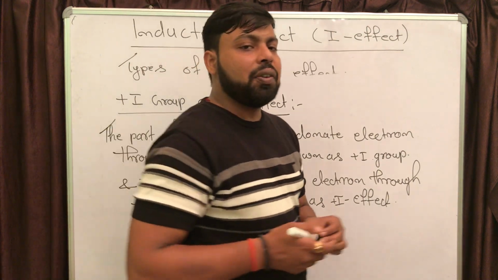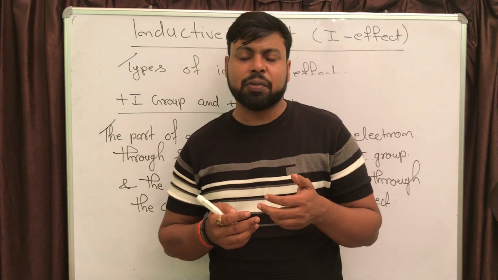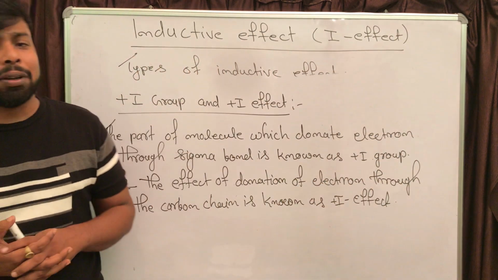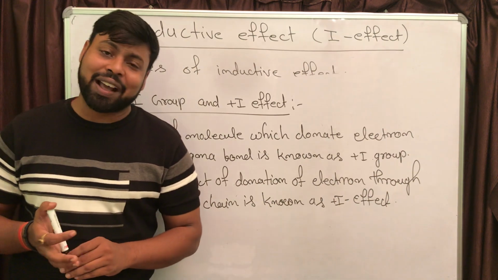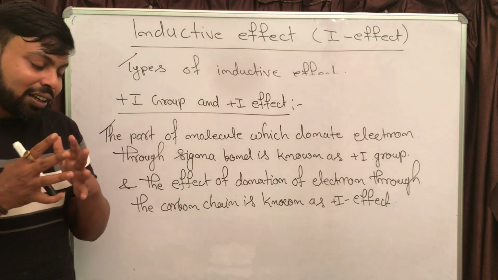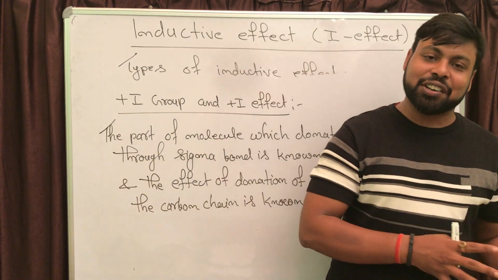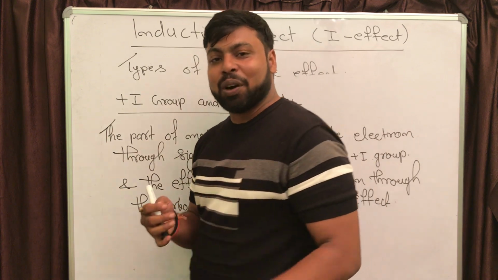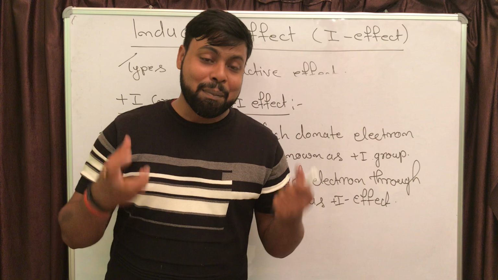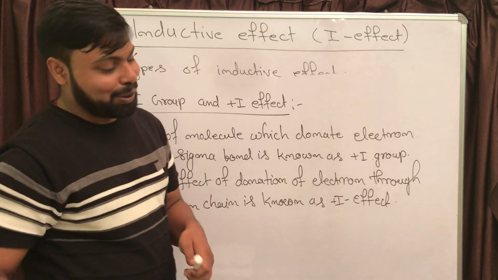See, we have a series of atoms or groups of atoms which show plus I effect. You have to remember that series. You do not have any choice. You have to remember the order of power of electron donation by any atom or group of atoms, because if you are unable to memorize that series, it will be very difficult to solve the problem, right?